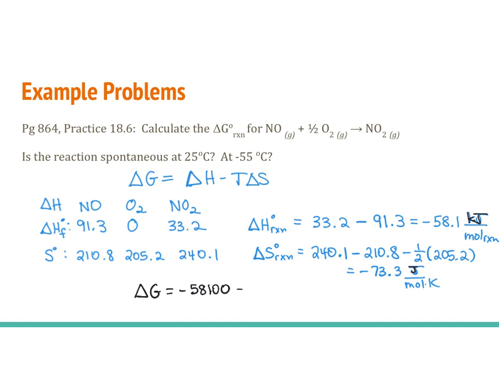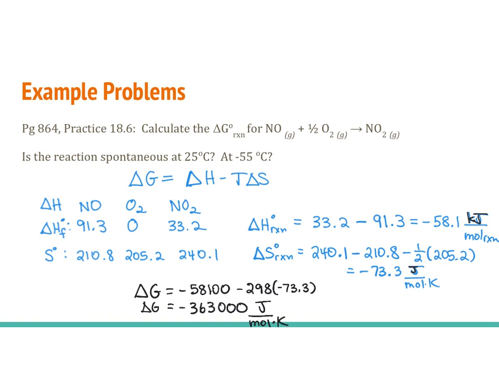So instead of 25, I'm going to use 298 Kelvin times the entropy of reaction, which is negative 73.3. So if I add those two up, I get negative 363,000 joules per mole Kelvin.